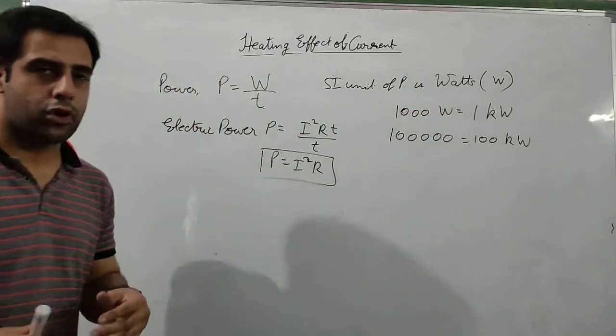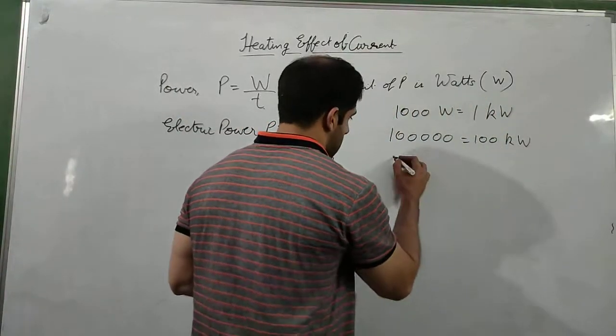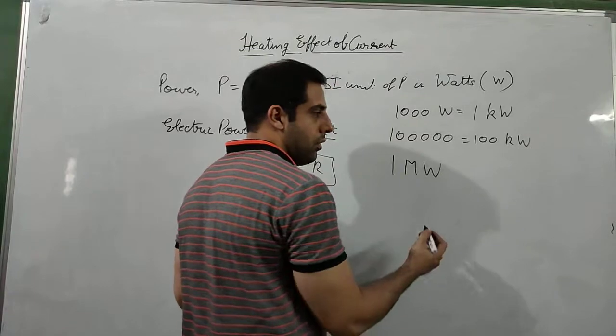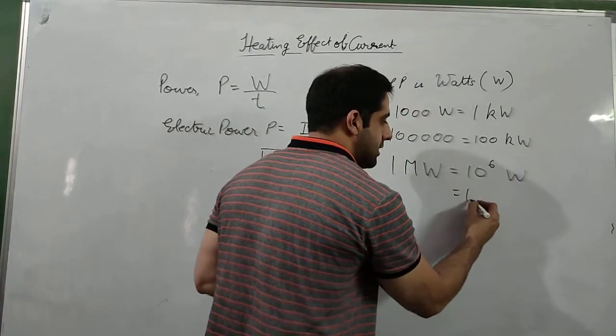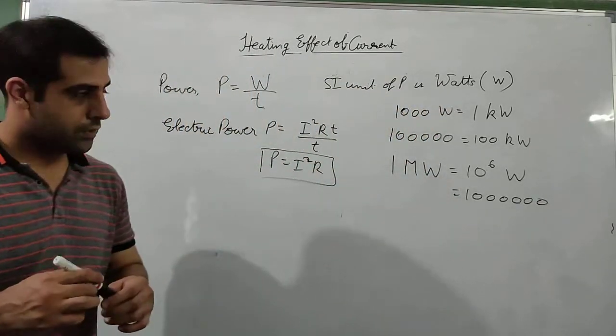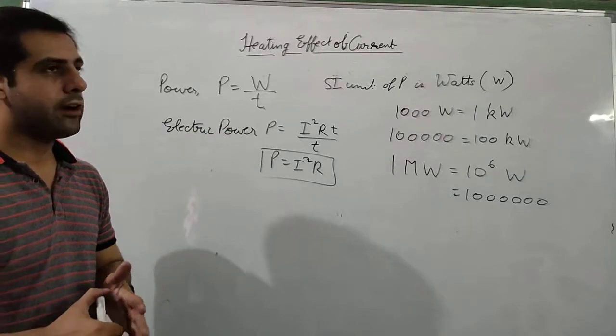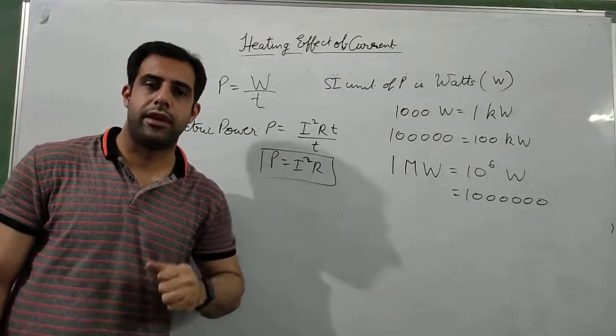Similarly, we can use megawatt and gigawatt also. 1 megawatt is equal to 10 to power 6 watts. What is 10 to power 6? 6 zeros. Okay. So this is power and the heating effect of current. Understand this heating effect of current because a question always comes every year in the boards.